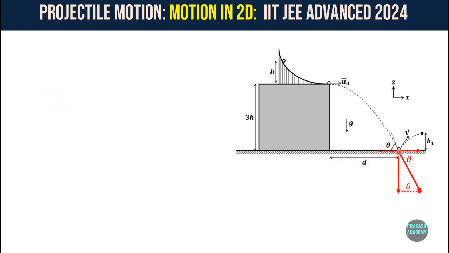Same thing is here. Now see, this angle is theta, then this angle has to be theta, because these are opposite angles. And also alternate angle, if this angle is theta, then this angle will be theta. So now we can use this to find theta.